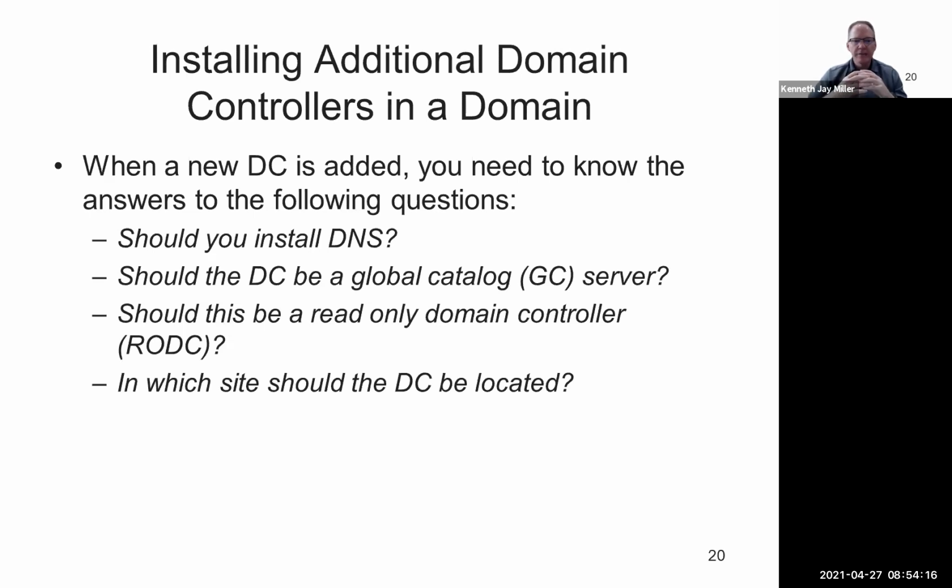So if I'm adding a new server in, say, my Phoenix store, and my main operations are here in Southern California, say, San Dimas or Laverne, and the link in between Phoenix and Laverne is, say, ISDN or a T1 or some low speed connectivity, I may not want to have the global catalog replicated every 15 minutes from here to Phoenix, right?